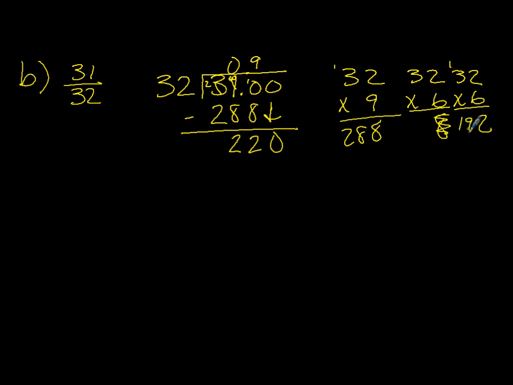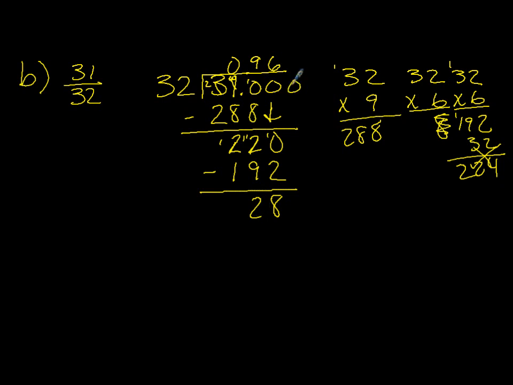If I added on 32, I'd go over, so I have to stay with the 6 there. 6 times 32 is 192. Do some subtraction here. 28. And down another 0.